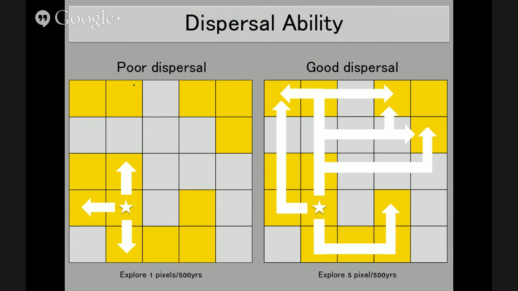In these diagrams, the yellow squares represent suitable habitat, and the gray squares represent unsuitable habitat. You can see that both of these species have the same suitable environmental requirements and the same landscape, but the good dispersers could jump over this unsuitable valley and colonize suitable habitat further afield. It's important to note that when these species are searching this landscape and encountering suitable habitat, every pixel that it encounters that is suitable for it is then instantly inhabited by that species.